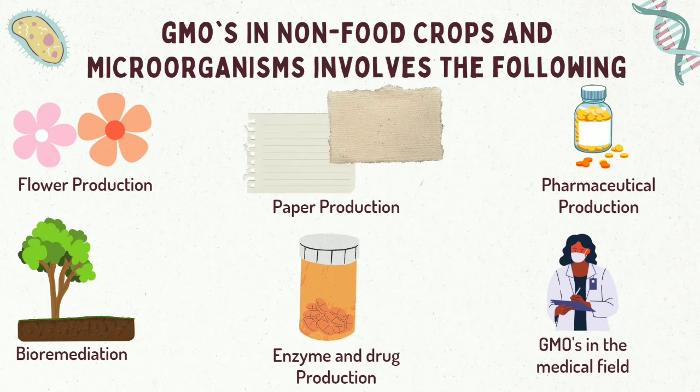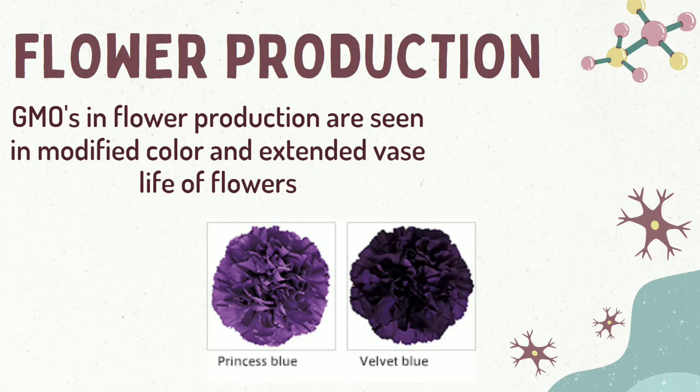Now, let's discuss it one by one. First, flower production. GMOs in flower production are seen in modified color and extended vase life of flowers. Examples are the so-called blue roses, which are in reality lilac or purple in color.